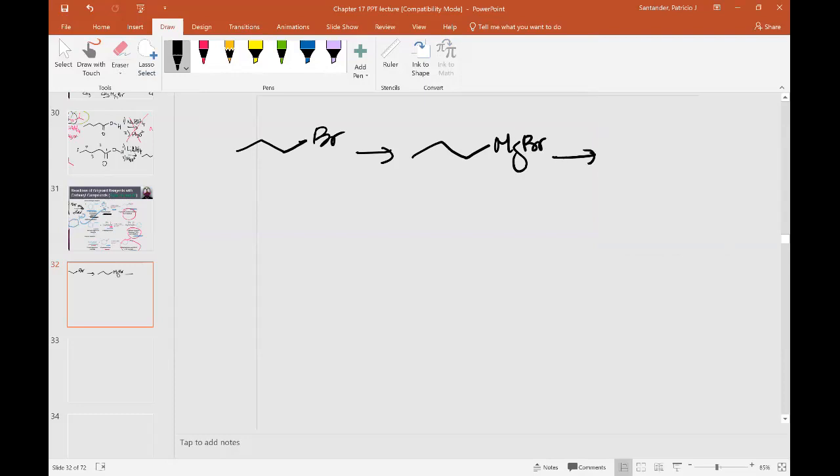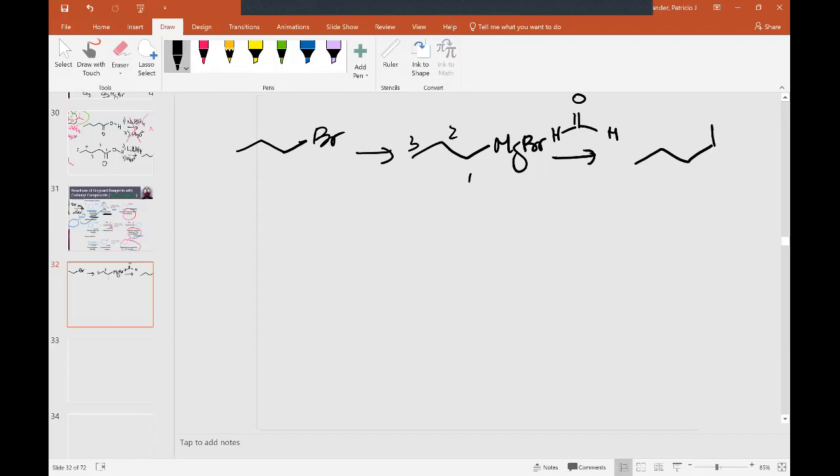So if I use formaldehyde, then I will extend my compound by one carbon atom, right? I have 1, 2, 3. So I will have 2, 3, 4, and this will become an alcohol. So that will be a primary alcohol.